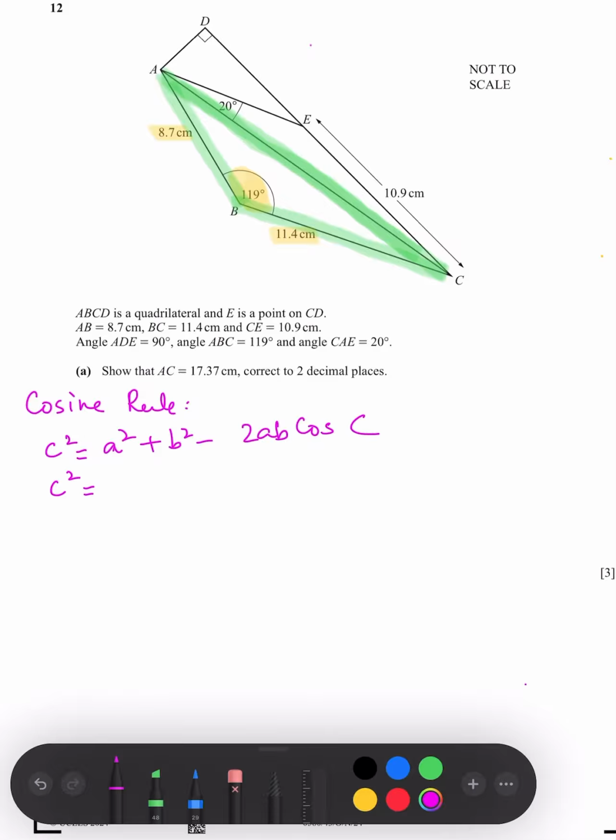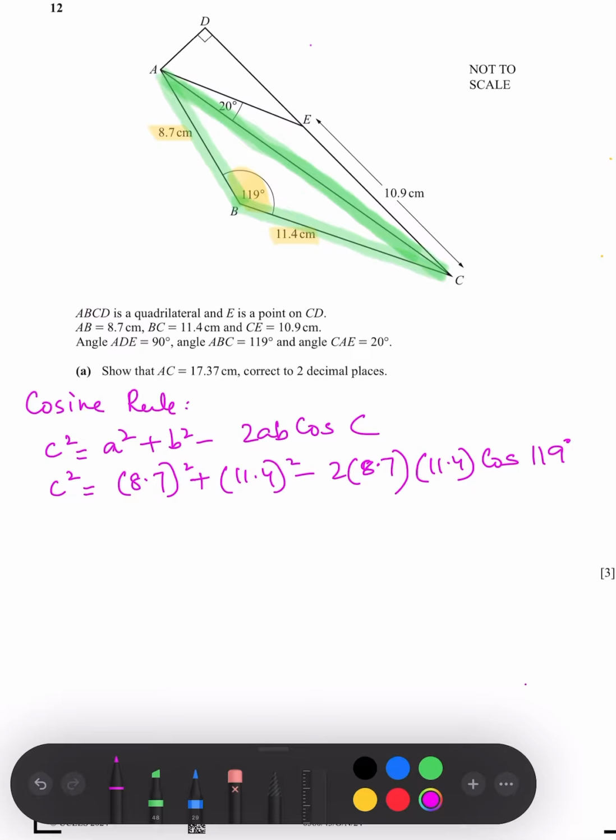AC square is equal to 8.7 square plus 11.4 square minus 2 times 8.7 times 11.4 cos 119 degrees, right? So let's calculate it. 8.7 square plus 11.4 square minus 2 times 8.7 times 11.4 cos 119.